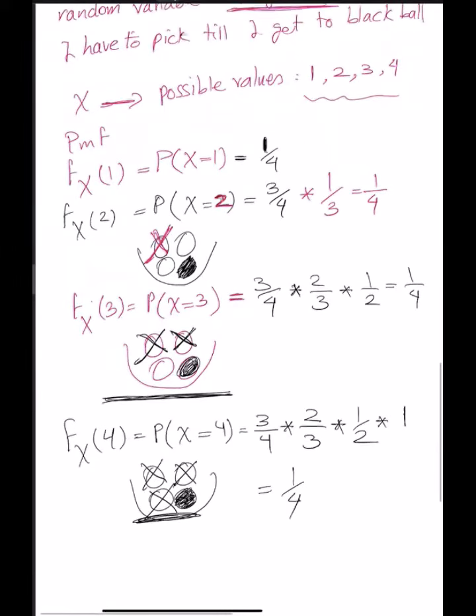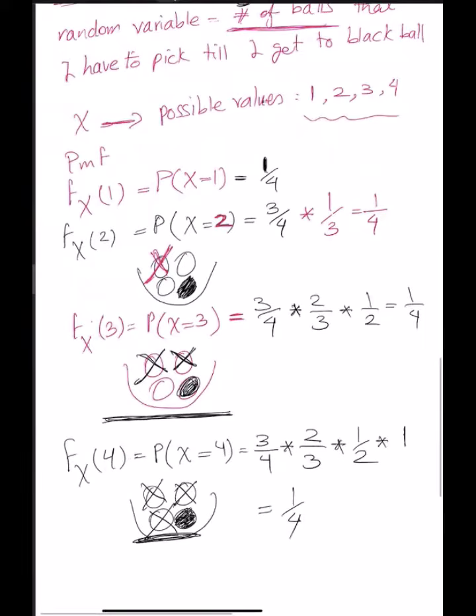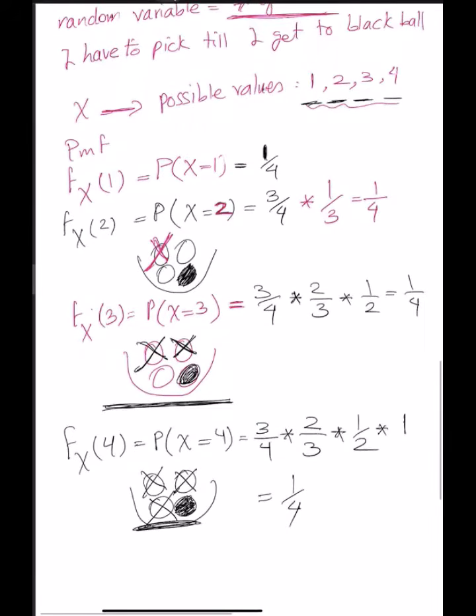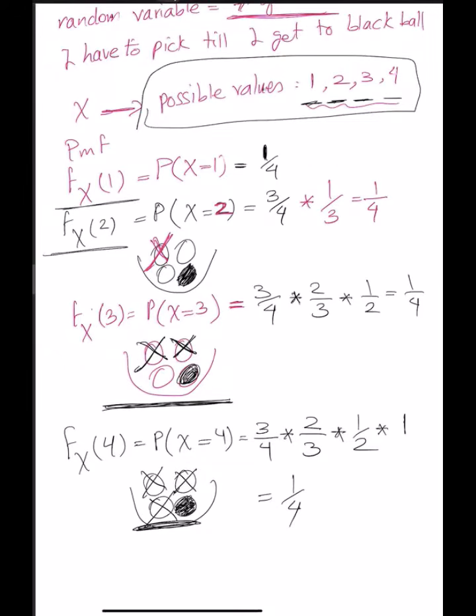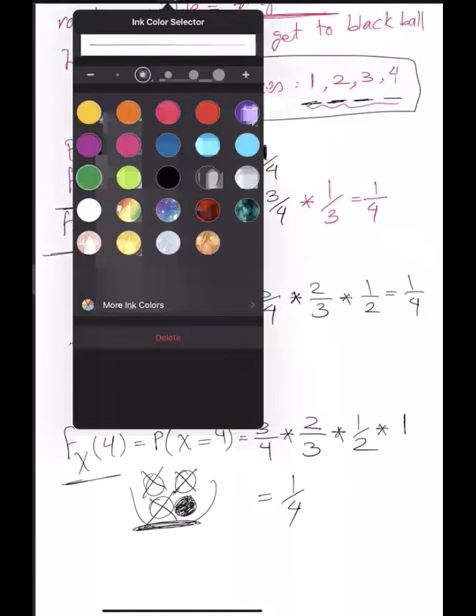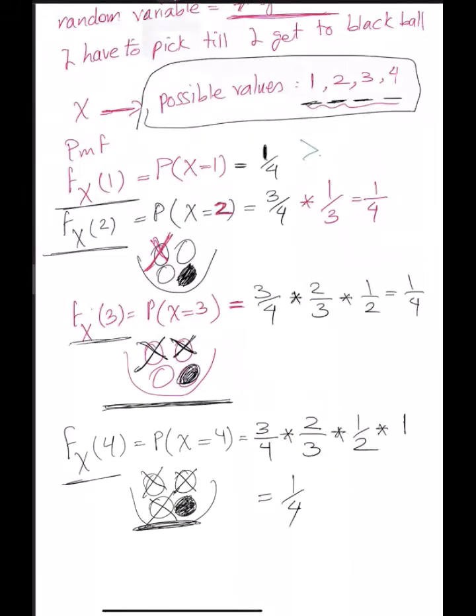So then this would be the probability of observing each one of these possible values. I have a random variable, I know its possible values, and I calculate the probability mass function, the probability associated with each one of them. To know if it's a probability mass function or not, I have to check 2 conditions. First, each one of them should be greater than or equal to 0, which is the case here.